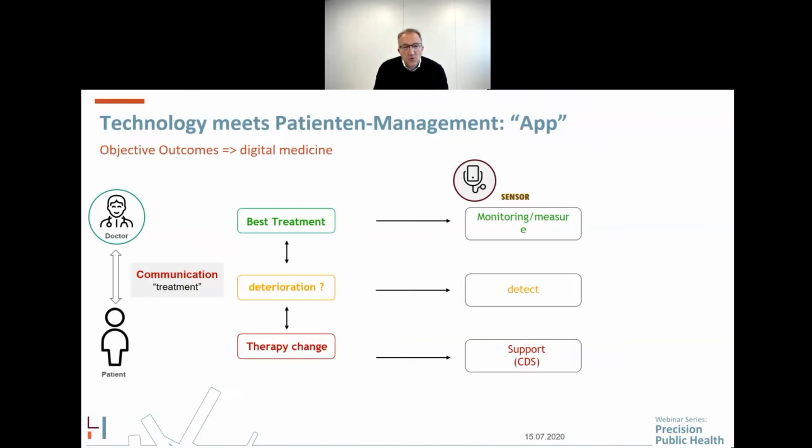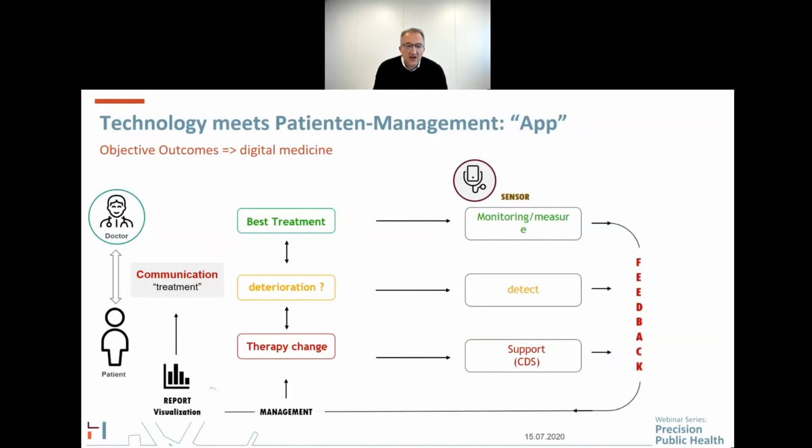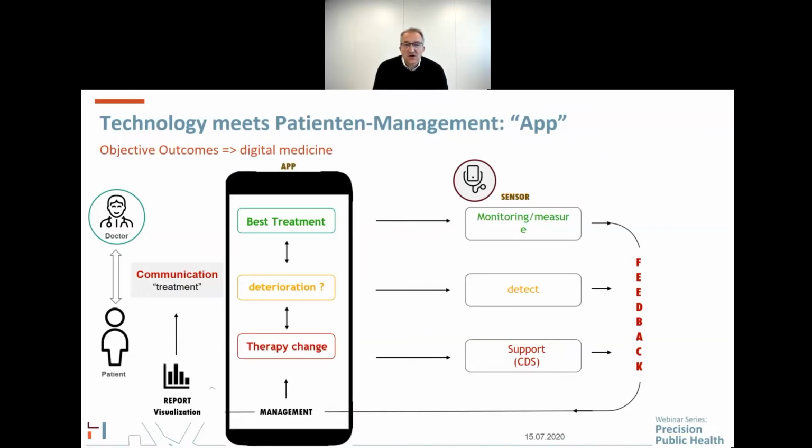And this is very important if we apply a sensor in a real-world setting, because from that data we need feedback both for the management of these three paradigms, but also for the visualization and the reporting into this communication strategy. And all that has to be put into a smartphone application to make the patient's life better.